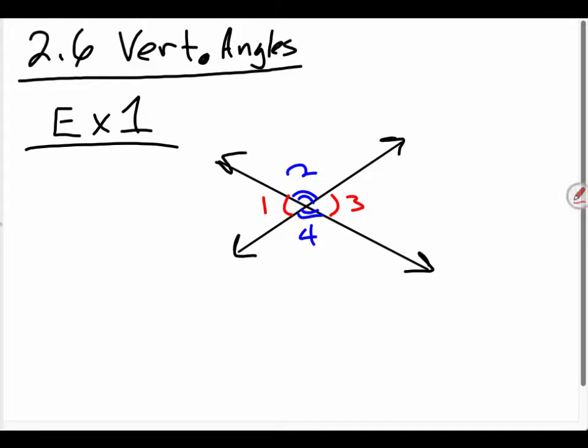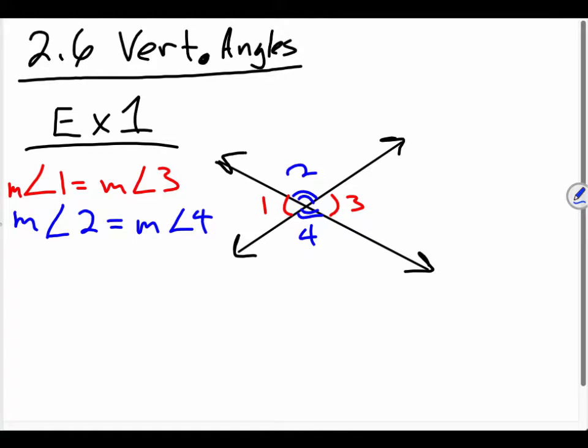And if you look, basically, the measure of angle 1 is equal to the measure of angle 3, right? And then the measure of angle 2 is actually equal to the measure of angle 4, okay? And so that's really the vertical angles theorem, and we're going to prove that in example number 1.